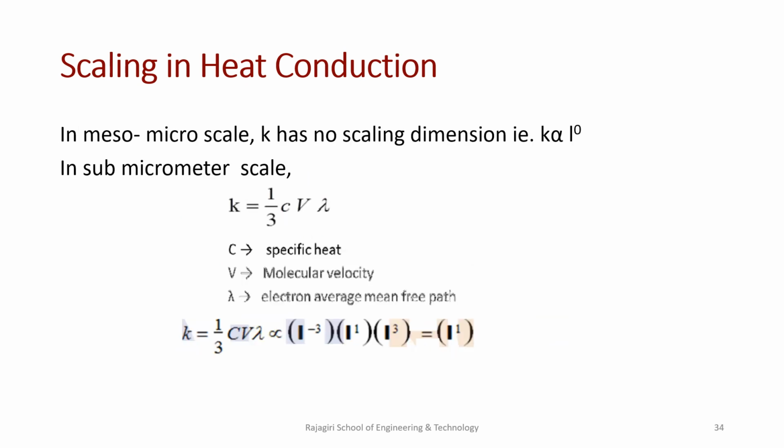So this was the case of meso microscale devices where K had no scaling dimension, that is K was proportional to L raised to 0. But in submicrometer scale, the value of K is equal to 1 by 3 CV lambda. C is the specific heat, V is the molecular velocity, and lambda is the average mean free path of electron.